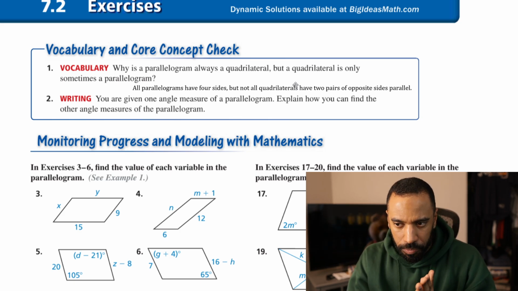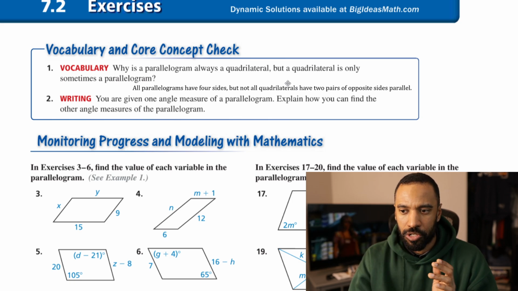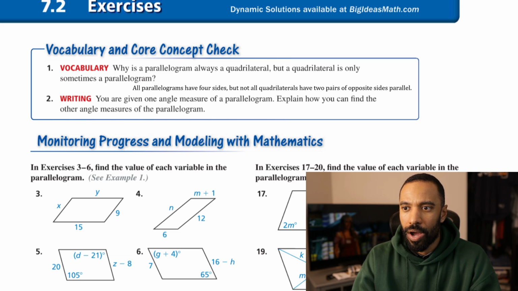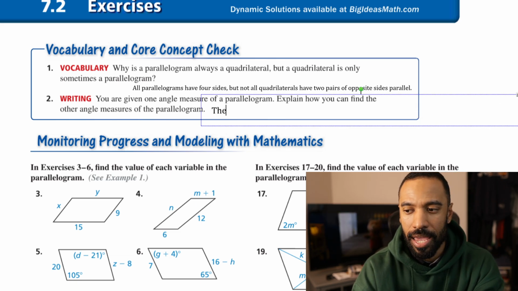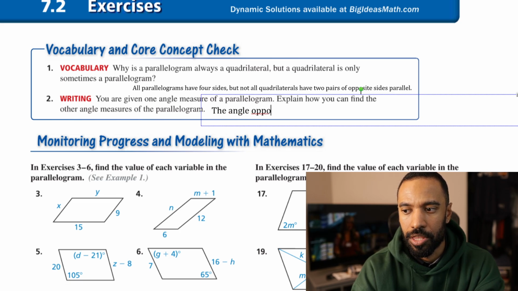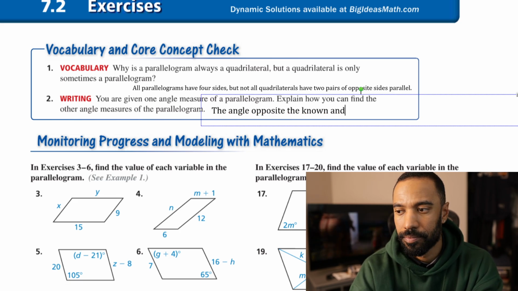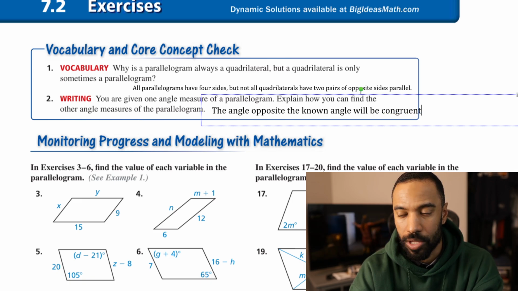Okay, writing, number 2. You are given one angle measure of a parallelogram. Explain how you can find the other angle measures of the parallelogram. Okay, so one angle measure is going to be something. The angle opposite the known angle will be congruent to that angle.